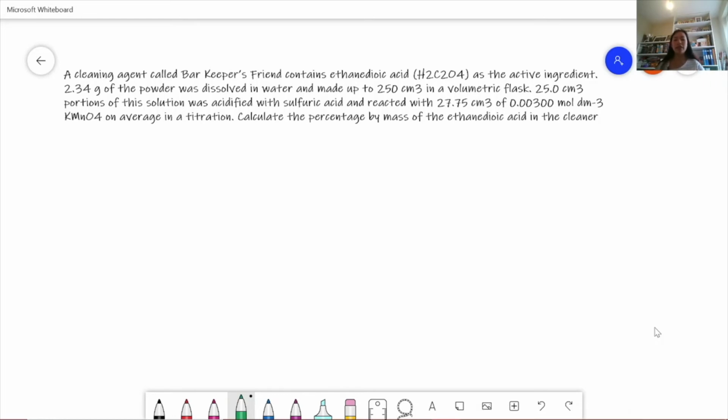So first we work out the equation for the ethanedioic acid and the manganate. We know that C2O4 2- is turned into carbon dioxide. Now we can begin to balance. We need 2 carbons, and then we have to balance the 2- charge, so we need 2 electrons on this side.